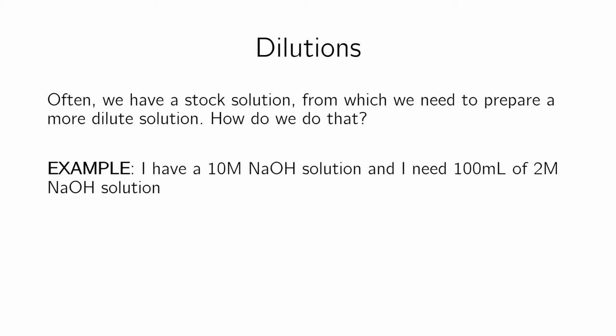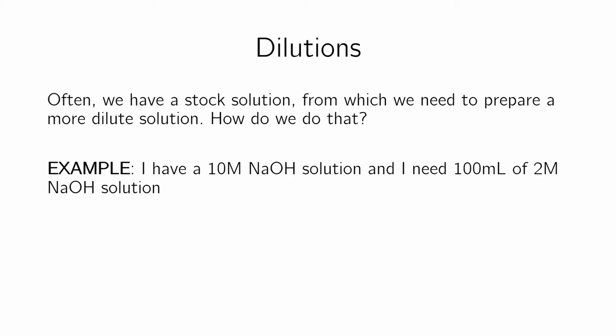Let's say instead of this Bosco syrup, I have 10 molar NaOH solution. That would be your concentrate in the fridge or something, right? And I want to make 100 milliliters, which is less than half a cup, of 2 molar NaOH solution.